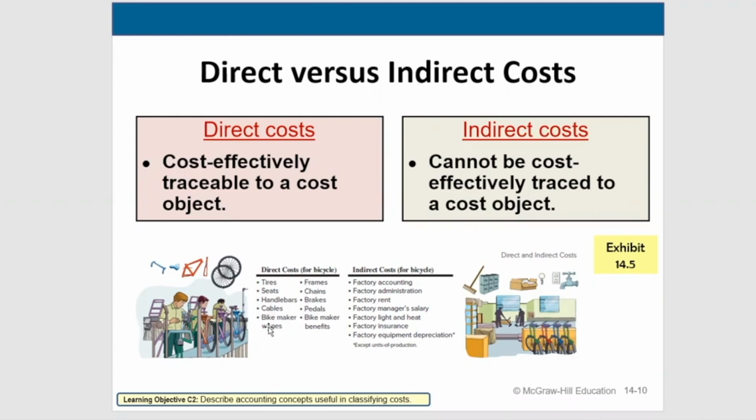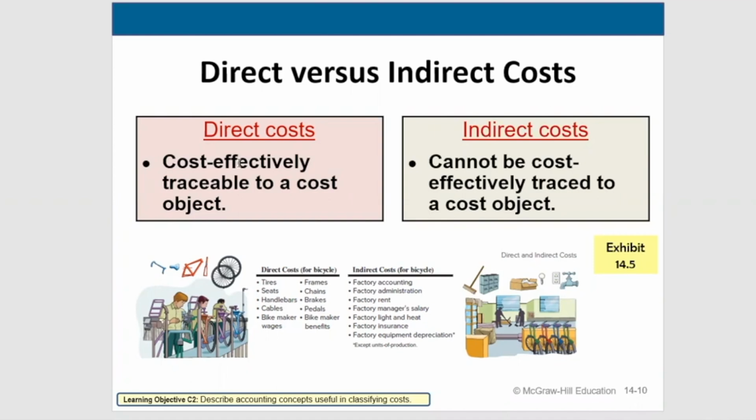Now, of course, we have bike maker wages. This is the money we pay these guys here. See these guys here working hard? That's called direct labor. So the two kinds of direct costs, folks, are direct materials, which is these 8 things, the top part here, and then direct labor, which is the wages and benefits of our workers.